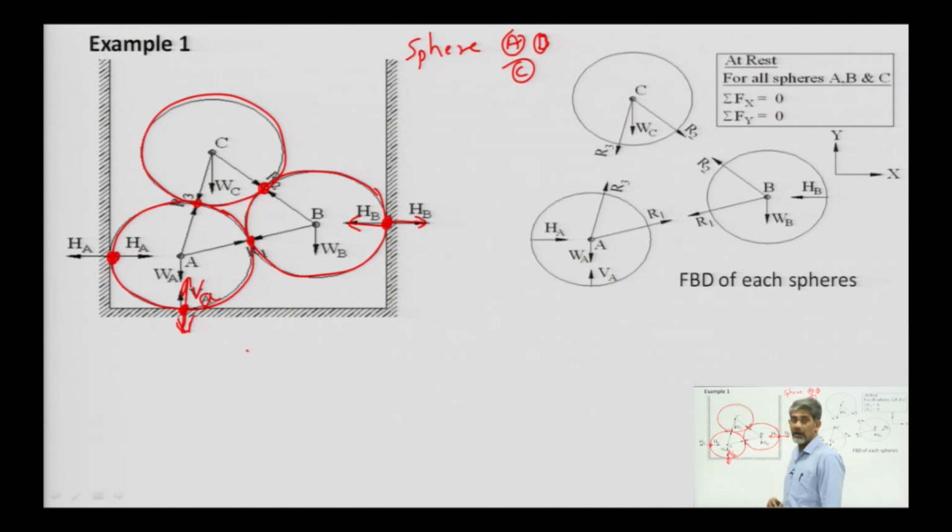So, regarding the total number of unknown forces, of course, there are other forces also at every contact point. This one force will be there, this one, and this one. The load is known to us, so no problem.